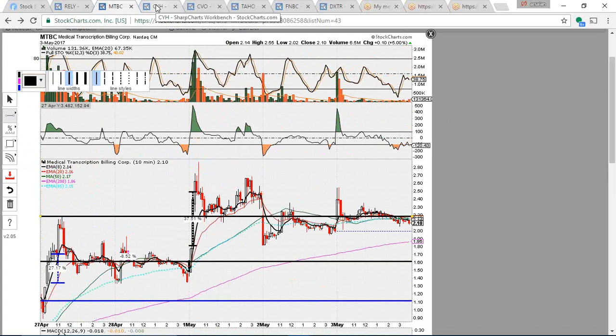So MTBC was a great run, and MTBC and CYTR earlier this month both hit close to 100% over multiple days. In the previous months, we had HTGM, and I believe PULM or AUPH in the past have run up to 100% within the same day.